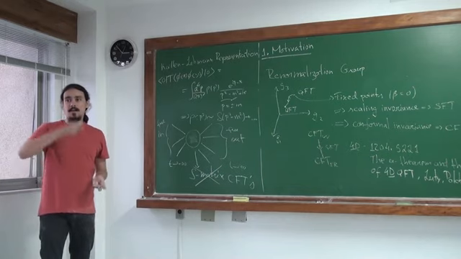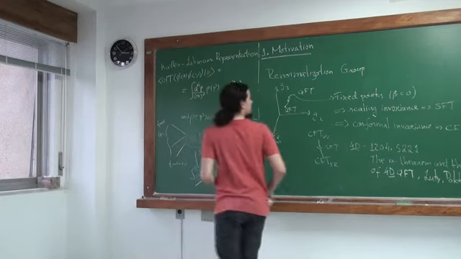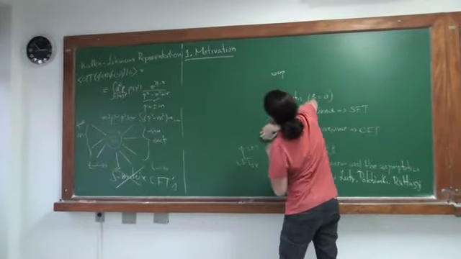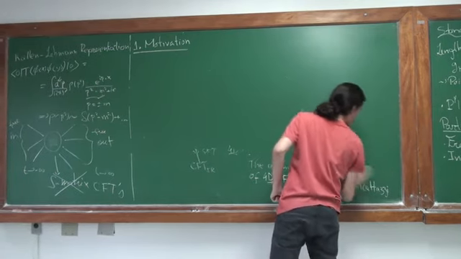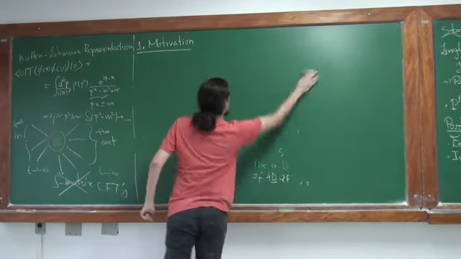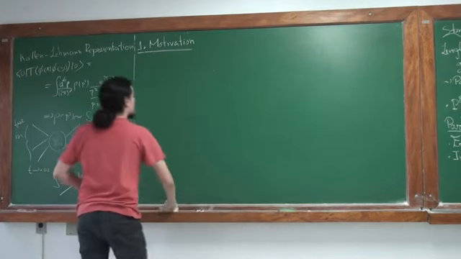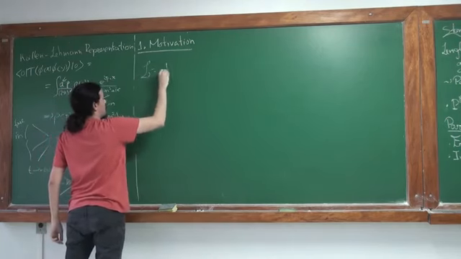We have to renormalize the wave function itself. Say you have a Lagrangian here and you have a scalar.